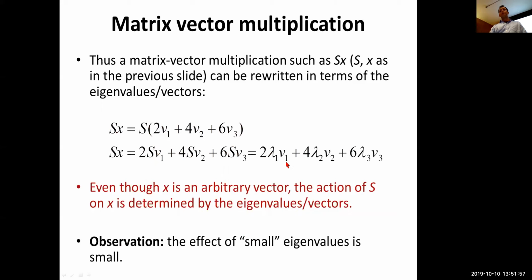And that means that I'm just adding up a bunch of scalars. Sounds good? So even though X is an arbitrary vector, the action of this transformation matrix on the vector X is determined by the eigenvalues and eigenvectors. So the observation is that the effect of small eigenvalues is small, because the smaller the eigenvalue, the smaller that effect will be.